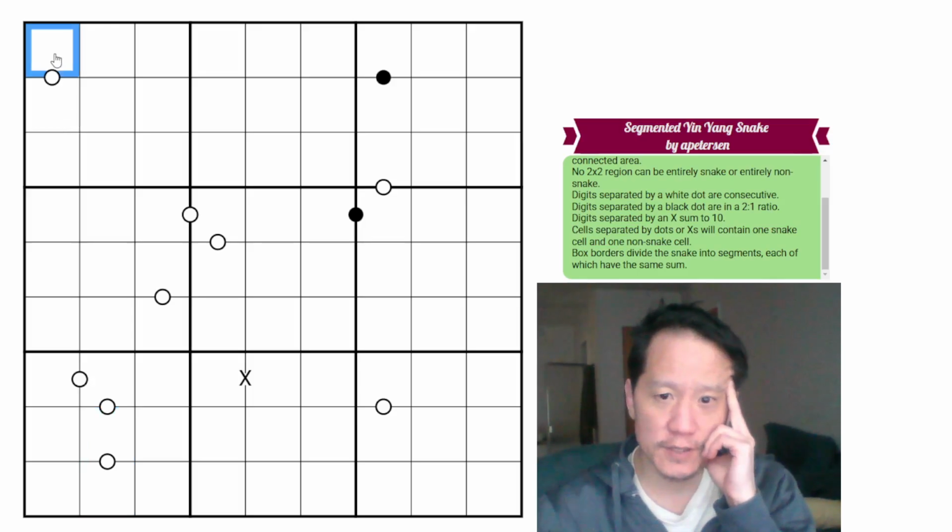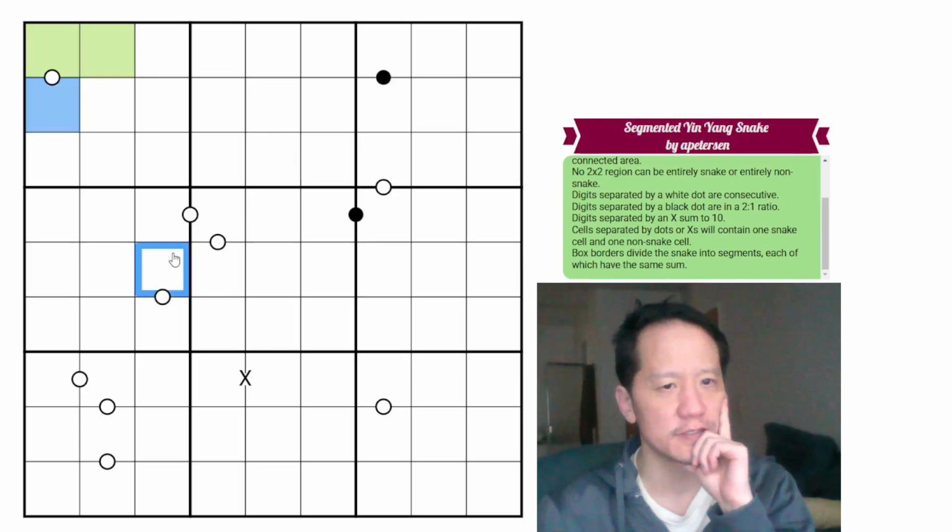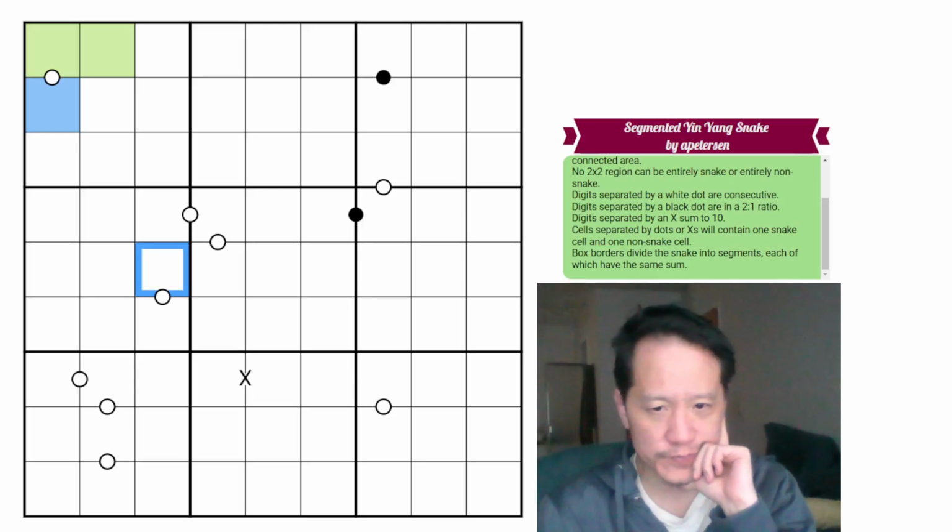Well, let's say this was a snake cell, right? If this was a snake cell, this would have to be a non-snake cell, which would mean this is a snake cell. I don't know if this tells us very much, though.